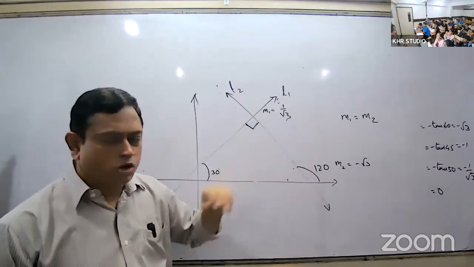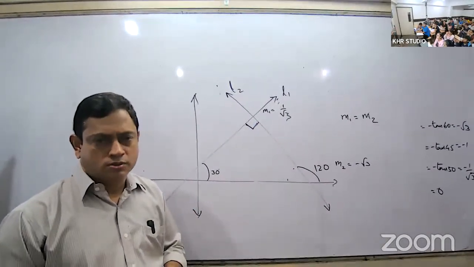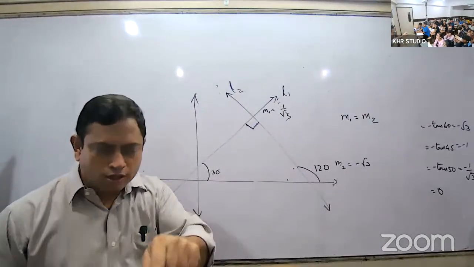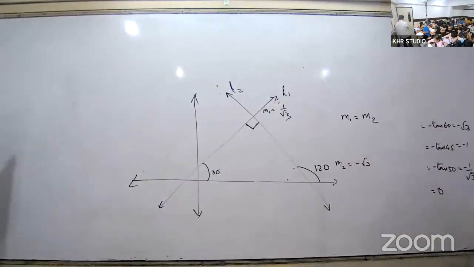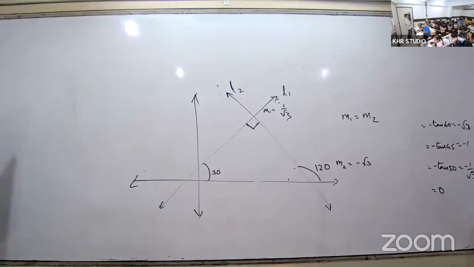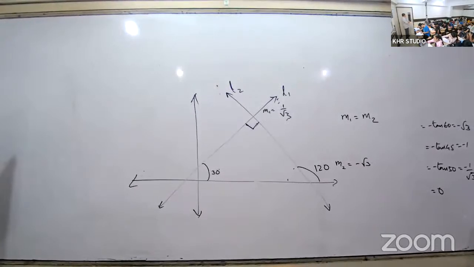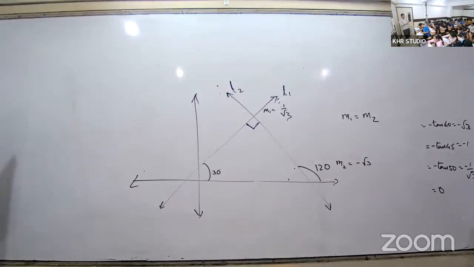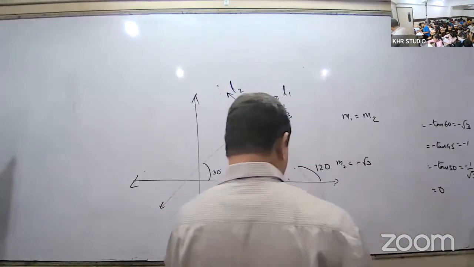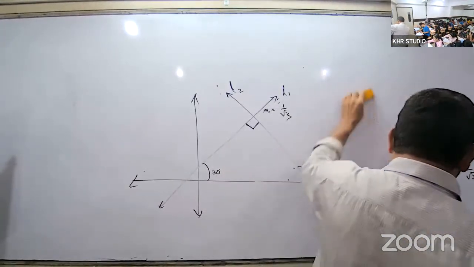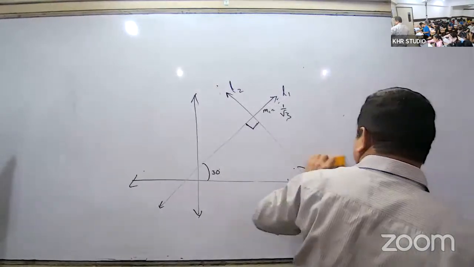If you take the product, how much is it? Minus 1. So write down: when two lines are perpendicular, the product of the slopes is minus 1.